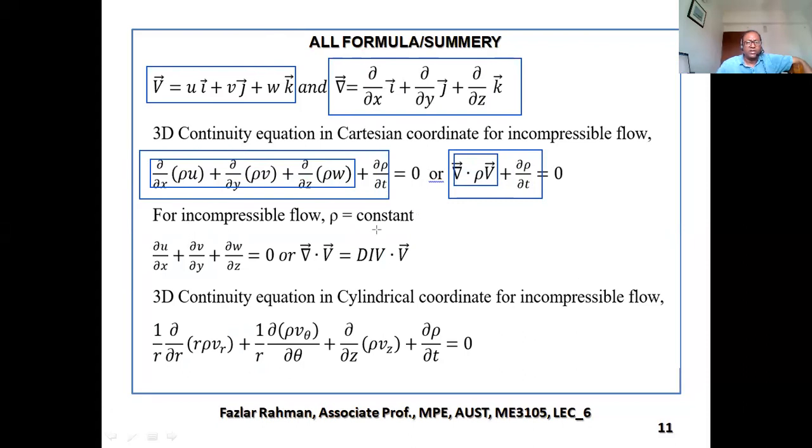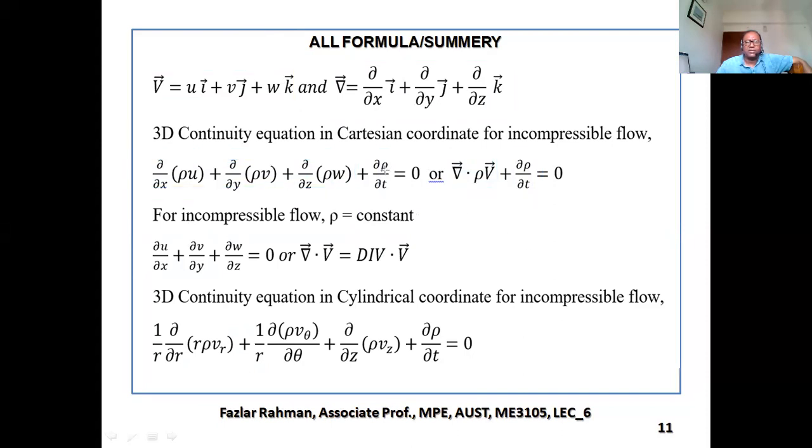Then for incompressible flow, your rho is constant, so this will be 0. Then the continuity equation becomes this one, or you can say this one. This one will be 0. If the flow is incompressible, rho is constant.